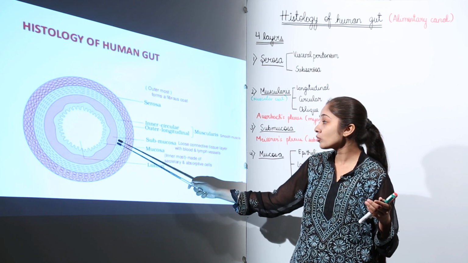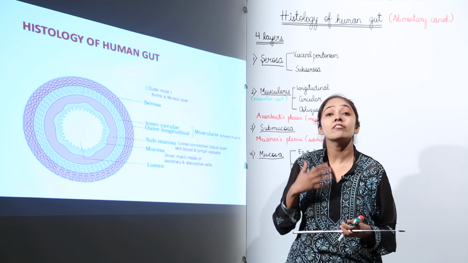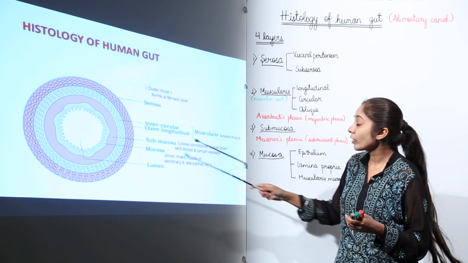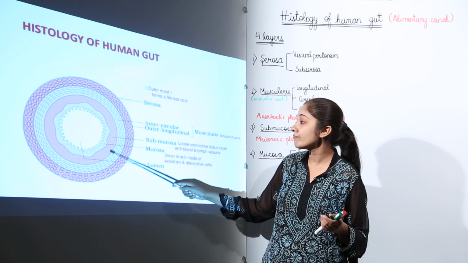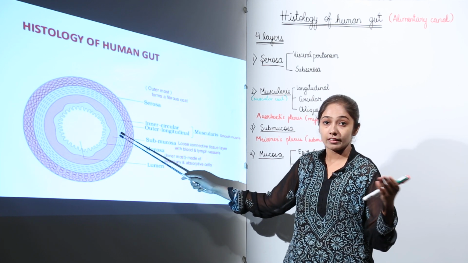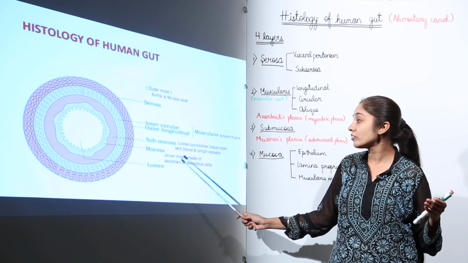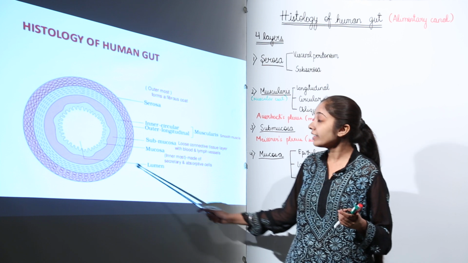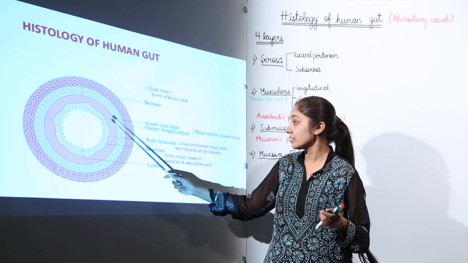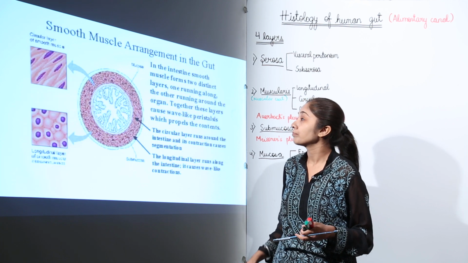Then we have the submucosa which is formed of loose connective tissue which has blood vessels and lymph vessels. And the mucosa is the innermost layer which is made up of secretory and absorptive cells, and the cavity at the center is what? This is the lumen.